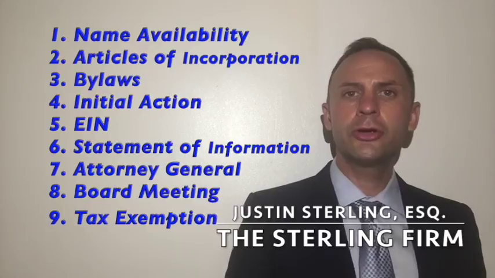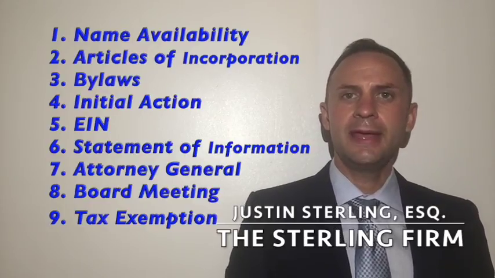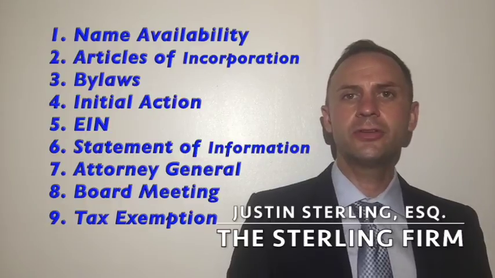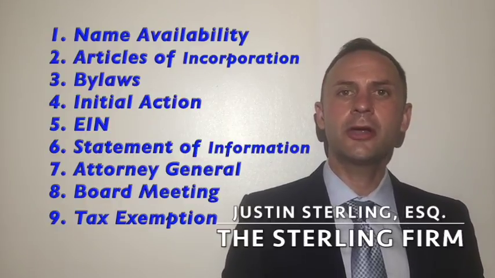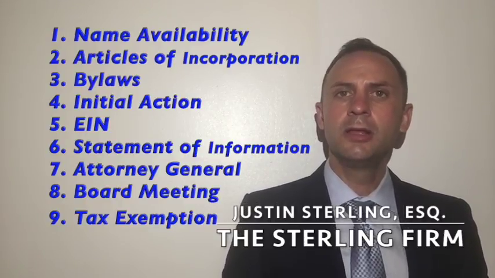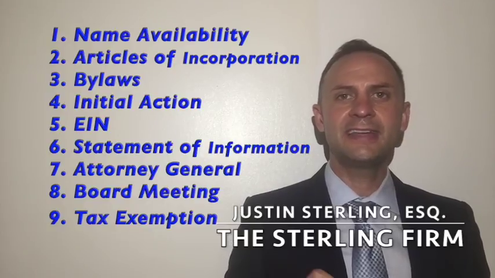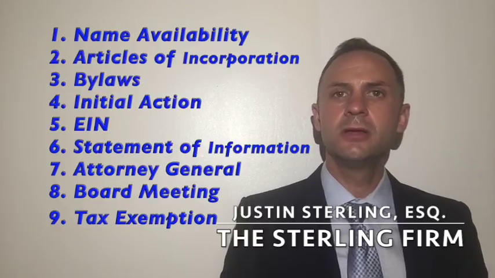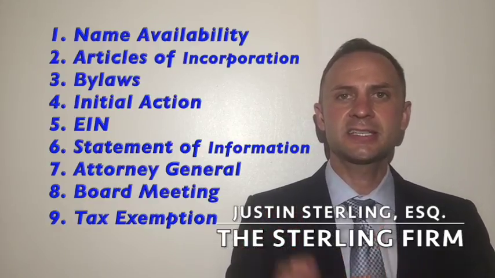5. Employer identification number. An employer identification number must be obtained from the Internal Revenue Service by filing an IRS Form SS-4. The EIN will be the identification number on all federal tax returns and reports for the nonprofit. 6.